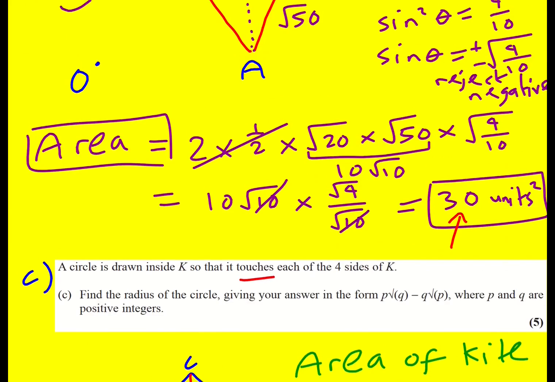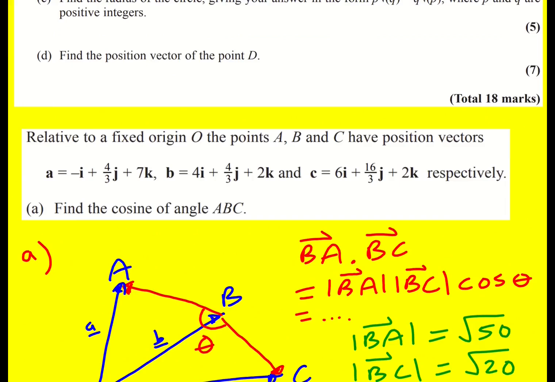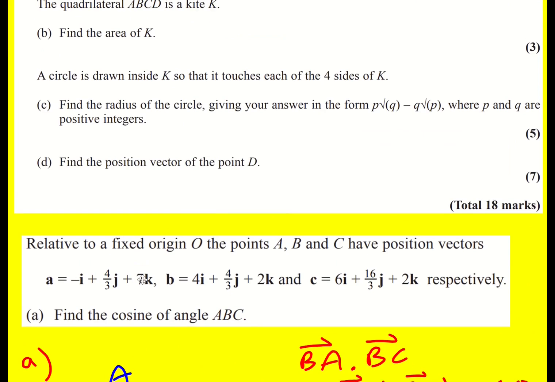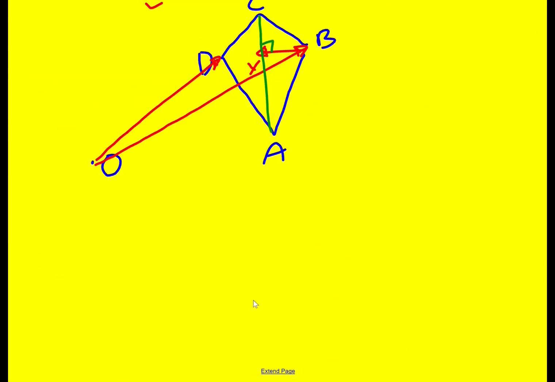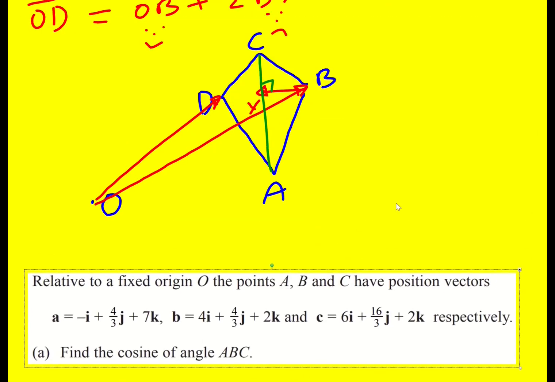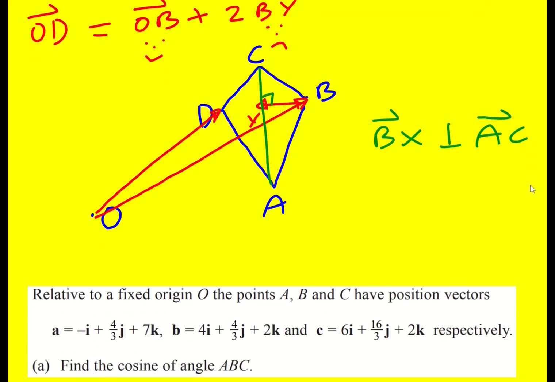Now, I can't remember, did we find out what AC was? No, we didn't. So we're going to need to sort that out. But let me write down the key thing that we're going to use. BX is perpendicular to AC. And then AC is going to equal little c minus A, from similar to before.